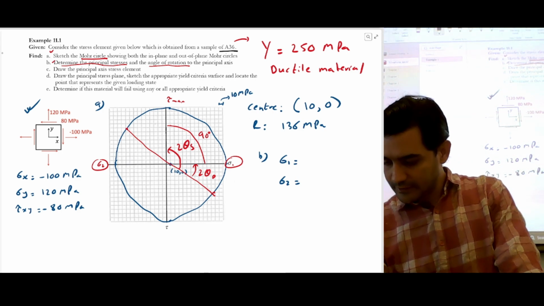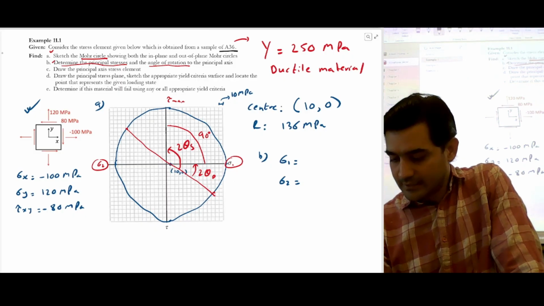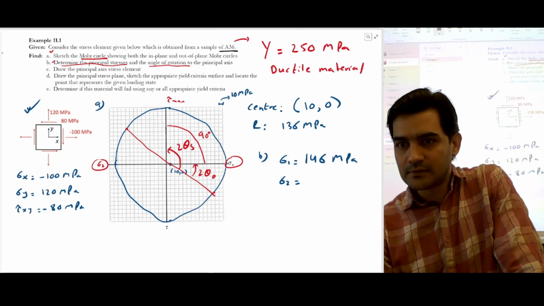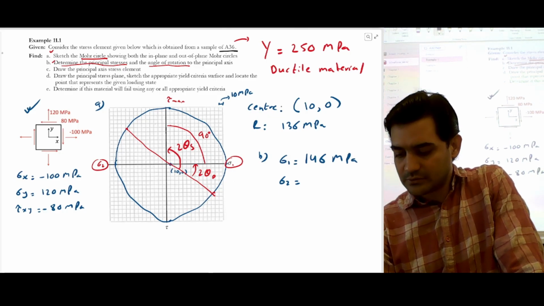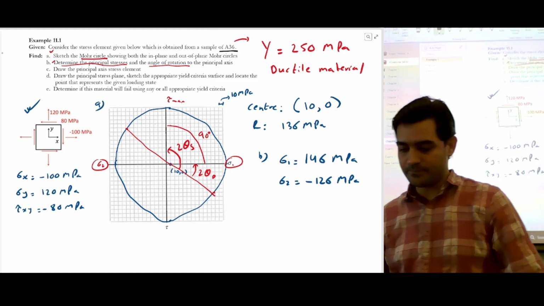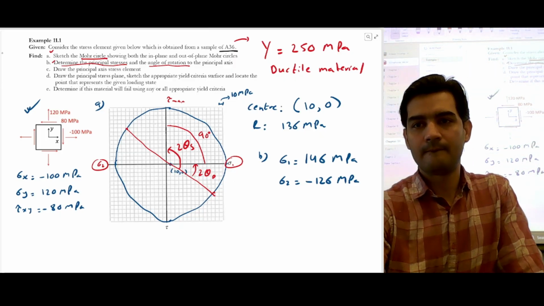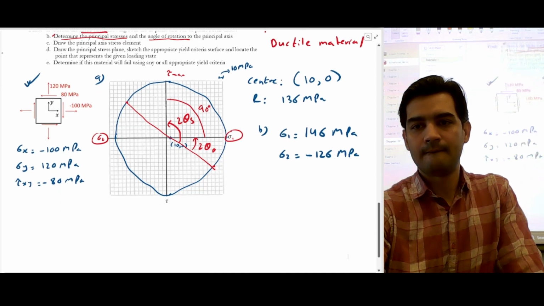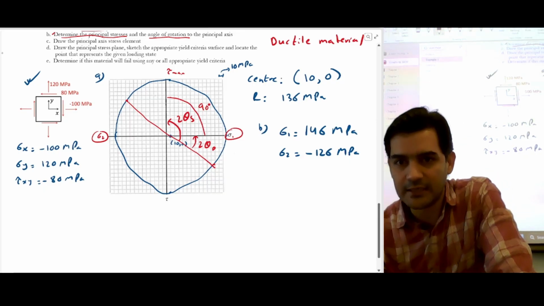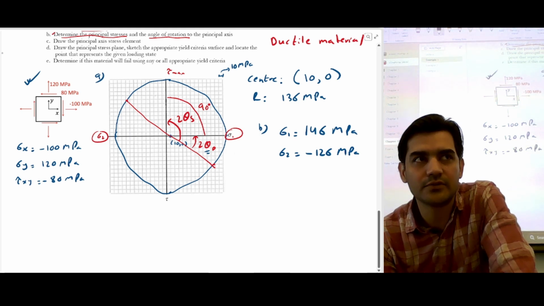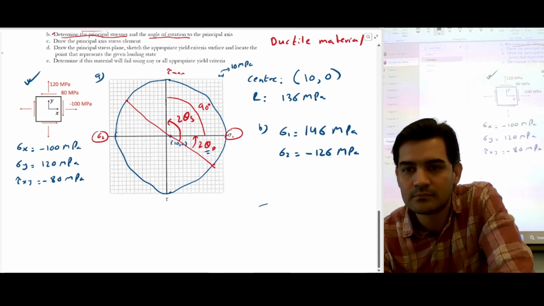If you do this, you're going to get stress 1 as 146 megapascals, and stress 2 as negative 126 megapascals. If you want to draw the stress element, this is anti-clockwise by theta p, so it's some stress element.